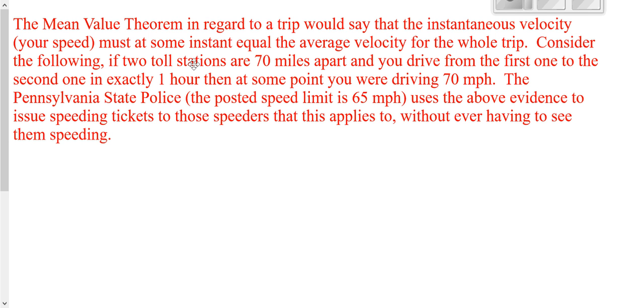So consider two toll booths that are 70 miles apart, and you drive from the first toll booth to the second one in exactly 1 hour. So at some point, you were driving 70 miles an hour. But if the posted speed is 65, the Pennsylvania police will say, oh, at some point you were speeding, therefore we give you a ticket.